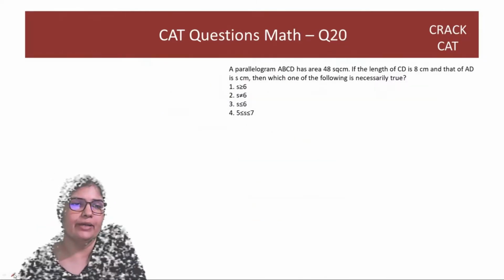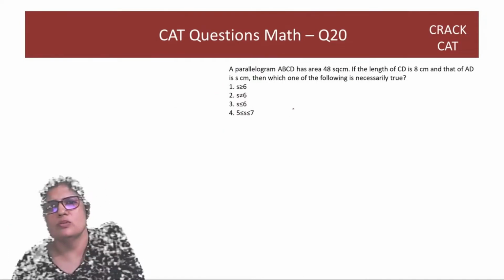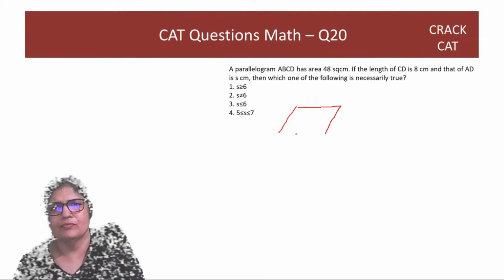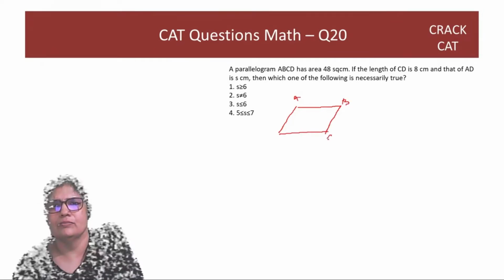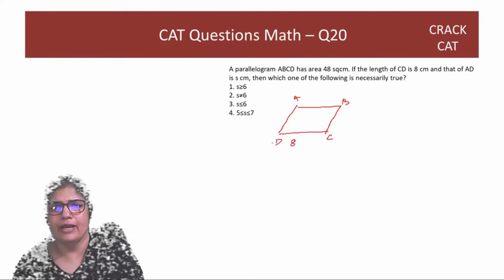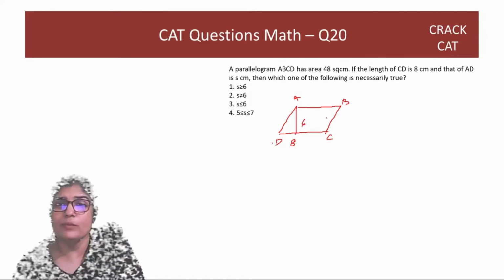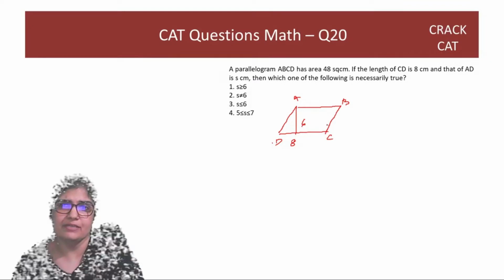A parallelogram. So whenever you have all these ranges. So a parallelogram is given, 48 is the area. A, B, C, D. CD is 8, so the height must be 6. Now if I have to make this compact in terms of perimeter, the area is fixed, right?